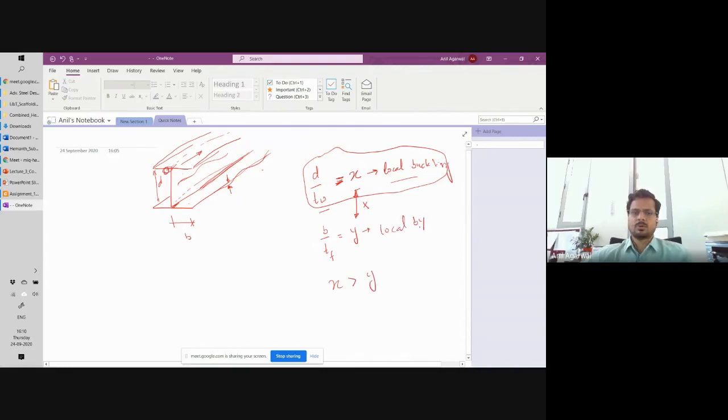So X and Y correspond to the respective limits of width to thickness when the local buckling will occur, but also the boundary conditions play a role, and due to boundary conditions, X will be much greater than Y. Fine.